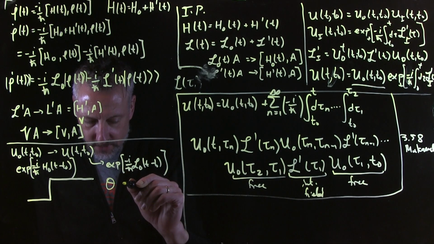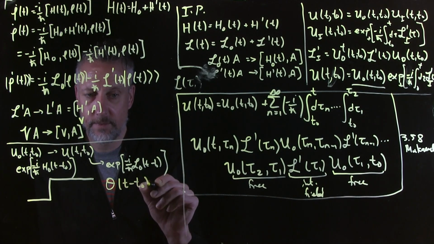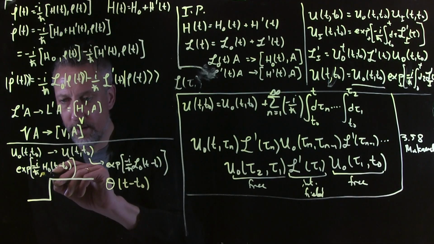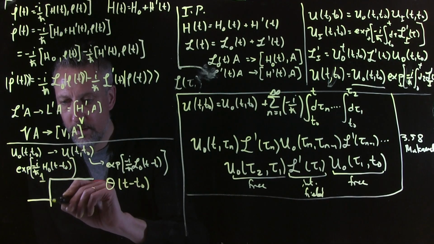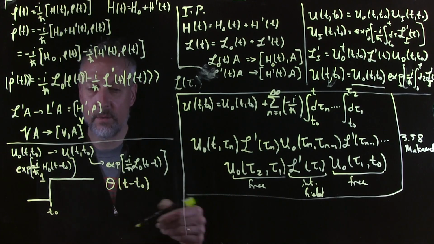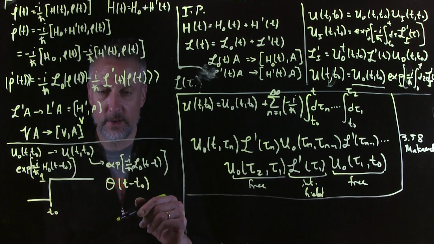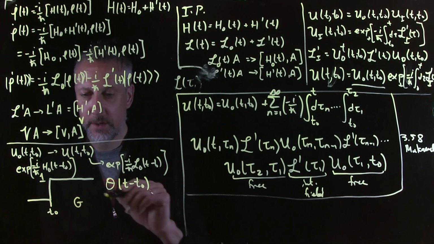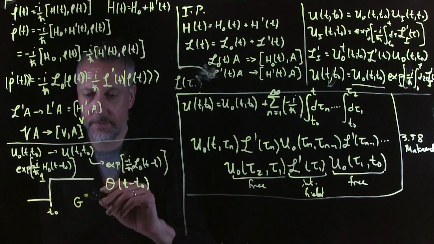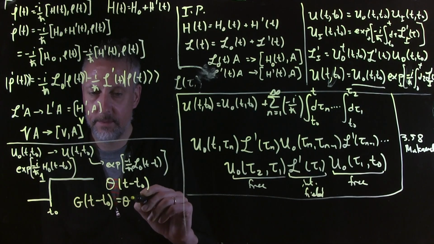The Heaviside function, t minus t0, for example, will be 1 when t is greater than t0, and it'll be 0 when it's before. Okay, and so we simply introduce a new notation, which we can write in Hilbert space in this way.